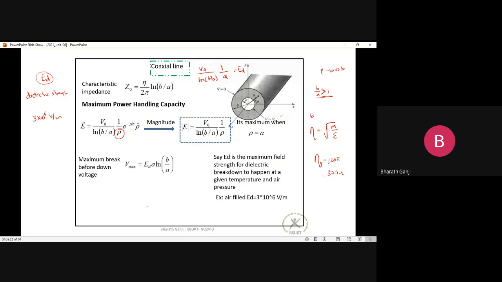So from here I can write V naught, or that maximum voltage, is nothing but, I can take this to the other side, it simply becomes ED into A into ln of B by A. So for a given dielectric medium, if I know the value of ED, and if I know the value of A, and if I know the value of the B by A ratio, then I can easily find the maximum value of voltage I can apply between the lines so that it will not break down, right? So that is the maximum value before a breakdown can happen.